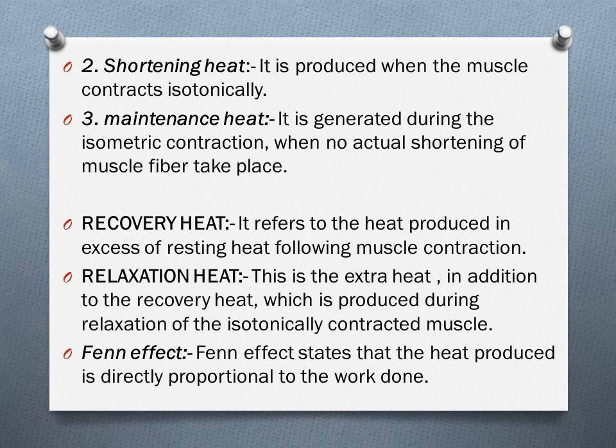This is seen in the process of contractions of a muscle. It is absent during the isometric contraction, because in the isometric contraction the length of the muscle is not shortened. Okay, only tone is increased.